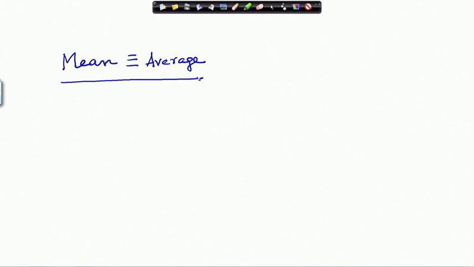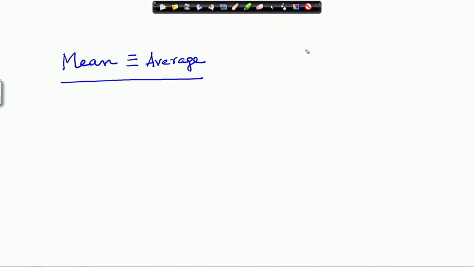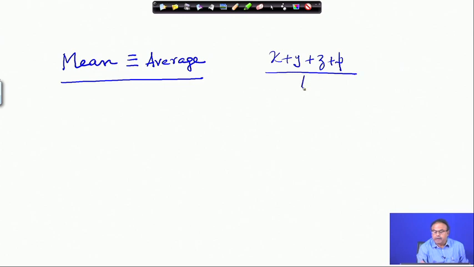Now, how do you find out the average of a large volume of numbers? All of you know how that is done, so that is a relatively simpler problem. This has got a standard formula. If you have 4 numbers, say x, y, z and p, you add them and divide by 4. That is how we find out the average, right.